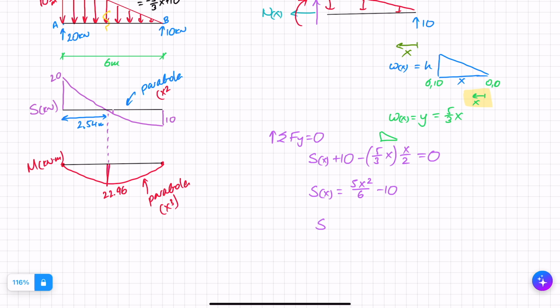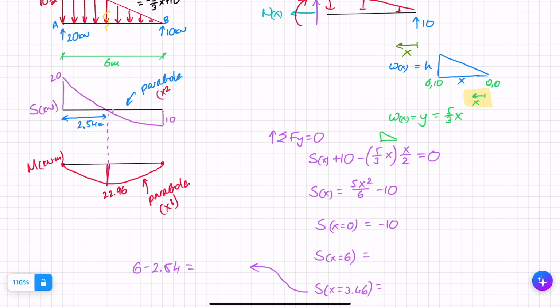Now let's see what happens when x equals 0, when x equals 6, and when x equals, now for this one I need 6 minus 2.54 because I'm starting from the other side. So this one is going to be 3.46. When x equals 0, I can see that I get minus 10.